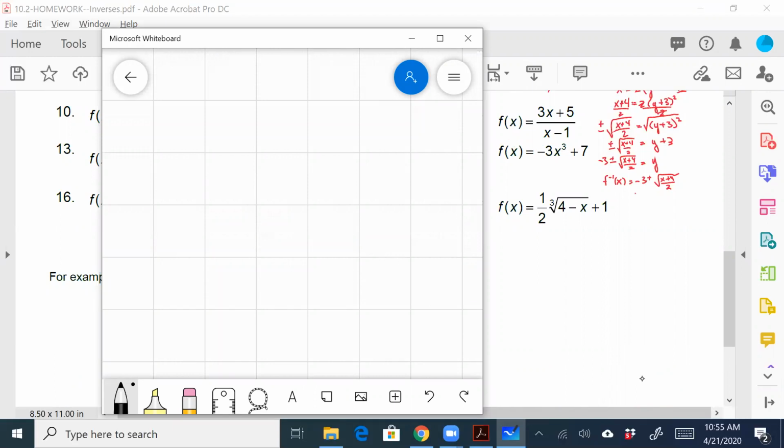Number 12. We've got f of x equals 3x plus 5 over x minus 1. Okay, so what's our first step?